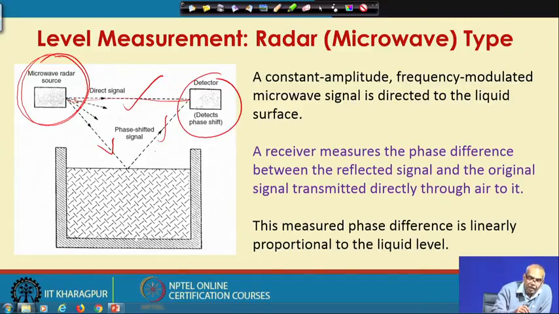A signal can also be directed towards the surface and then it gets reflected and reaches detector. So, this receiver or detector measures the phase difference between the reflected signal and the original signal transmitted directly through air to the detector. The measured phase difference is linearly proportional to the liquid level.